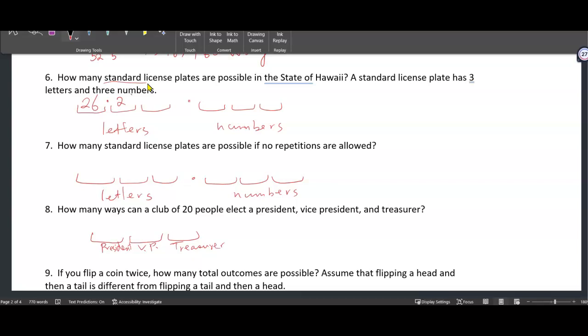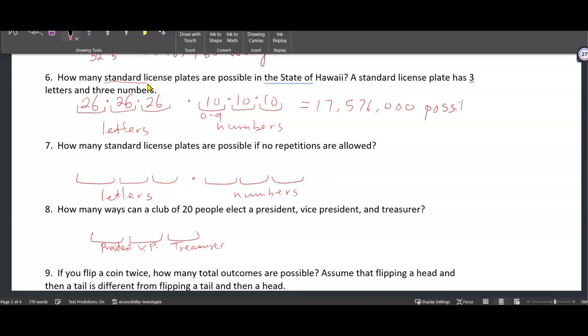if you can repeat, then you don't lose a choice, so it's 26 and 26. And then the digits are 0 to 9, and if you can repeat, then it's 10 and then 10 and then 10, and you multiply them all together, and that gives us a total of 17,576,000 possibilities.